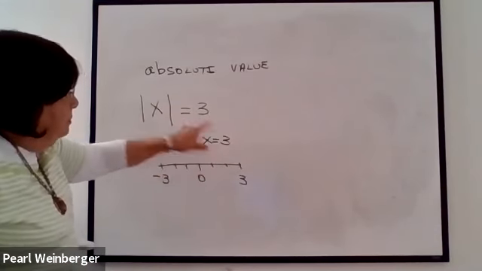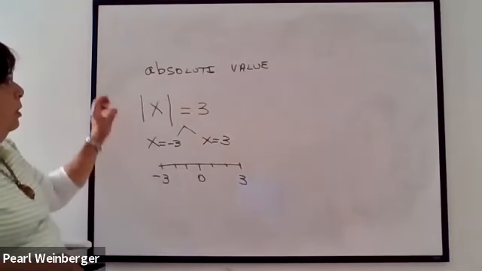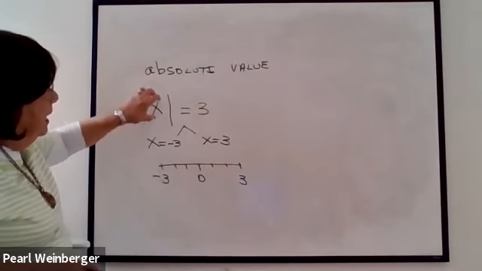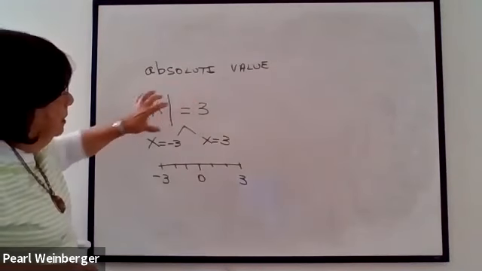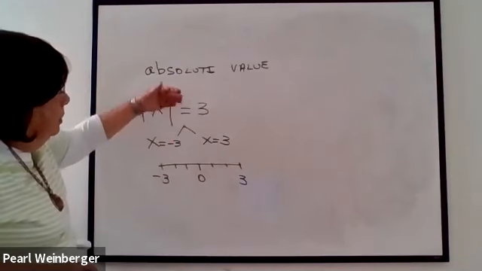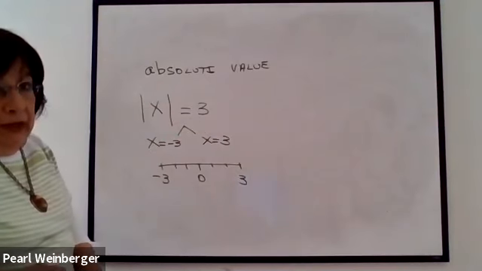If I put a +3 inside my absolute value, it'll also come out to be 3. So anytime I have an absolute value equation with the x inside the absolute value sign, I've got to break it up into 2 possible situations. One where the number could be positive, one where the number could be negative.